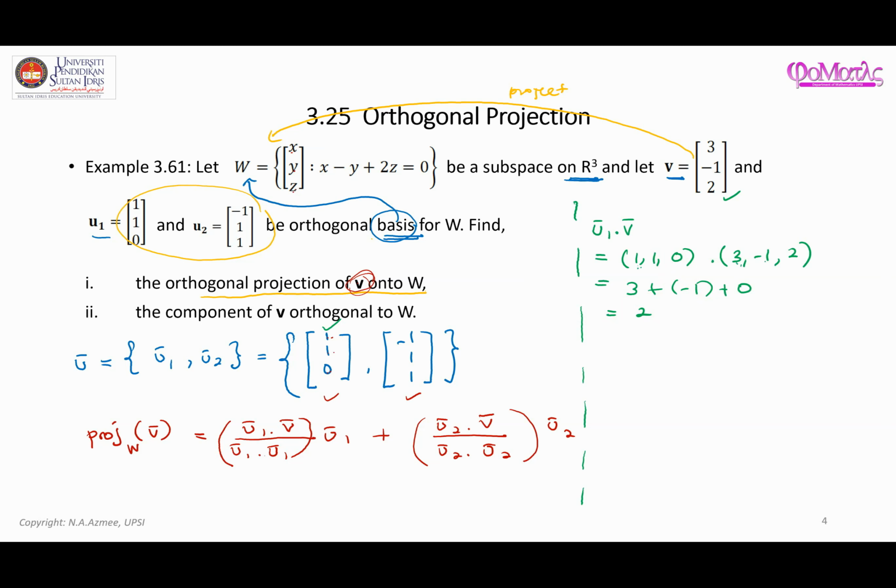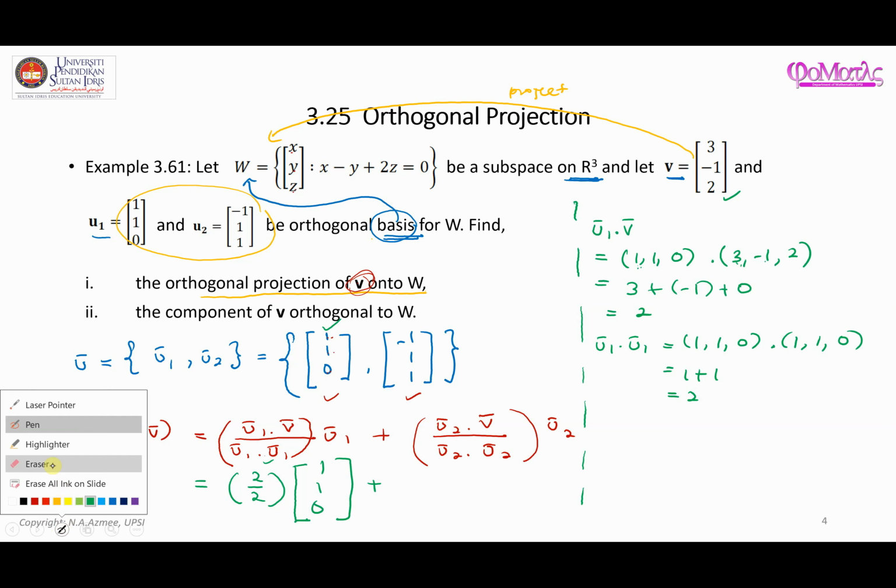Next, u1 dot product with itself, 1 1 0 with 1 1 0, is 1 plus 1, which equals 2. Substituting the values, it will be 2 over 2 for this part, and vector u1 is 1 1 0. Now plus the next part.